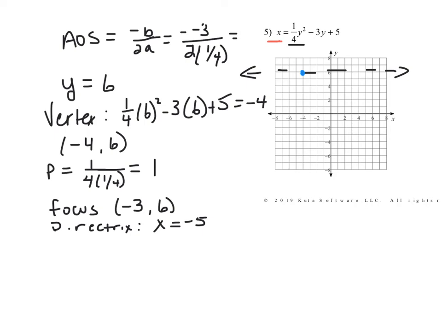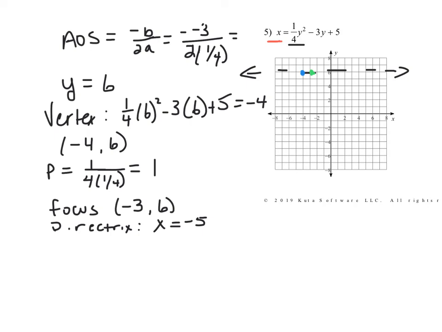Well, I take my x value of negative 4 and I add p. So negative 4 plus 1 gives me a negative 3. So I know that my focal point is going to be at negative 3, 6. So at negative 3, 6, I'm going to put a focal point, and that's also located on my axis of symmetry.